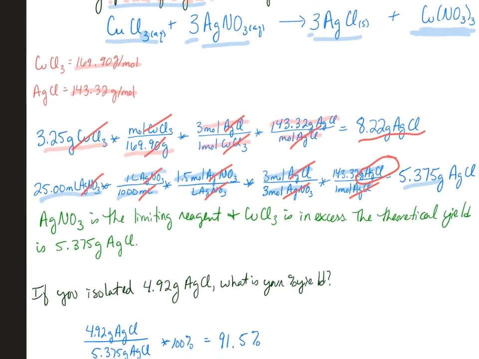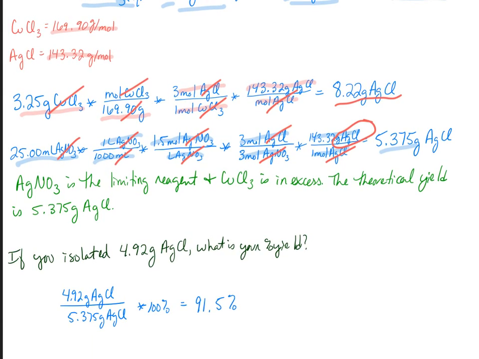That will definitely help. So what we find is that this is the least amount of AgCl we can make between those two reactants. So this is our theoretical yield. That also tells me that AgNO3 is the limiting reactant, and CuCl3 is in excess. It is not always that the second thing that we do is the theoretical yield.